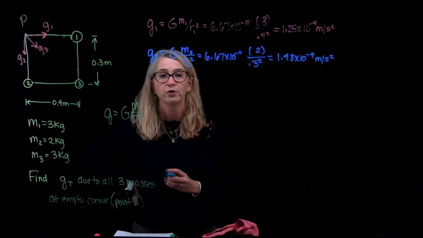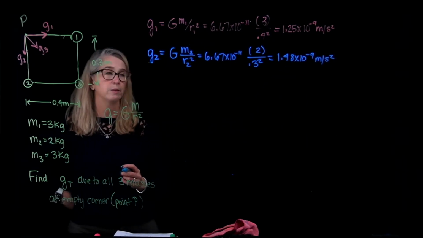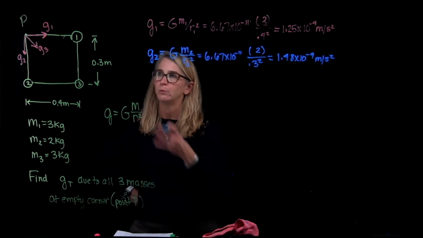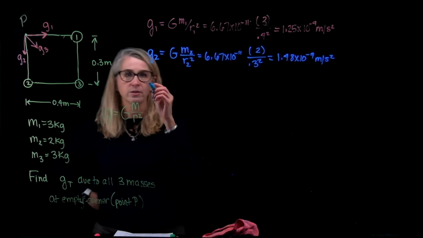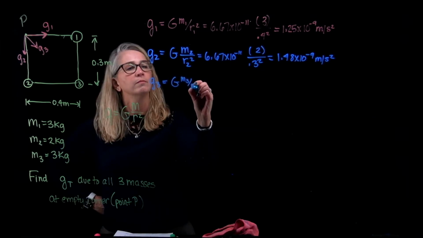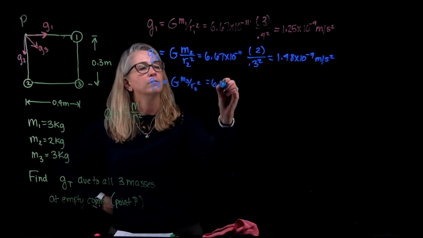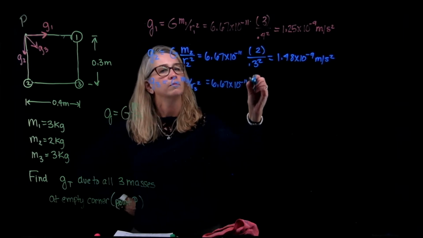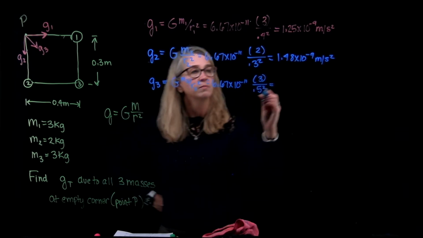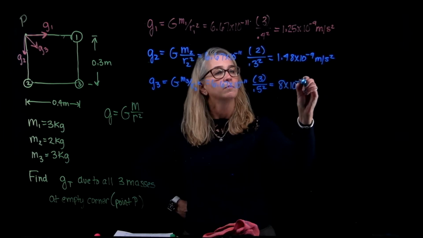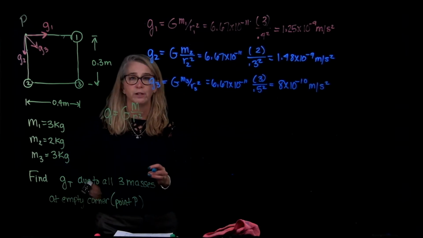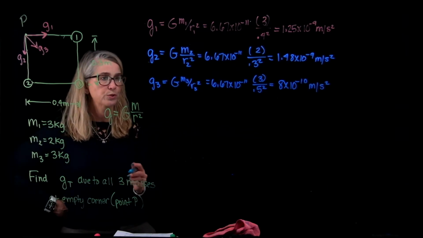And we find that the gravitational field due to mass 2 is 1.48 times 10 to the minus 9. Again, these numbers are super small because gravity is very weak, and we have small masses and small distances. And finally, I found G3, which was 8 times 10 to the minus 10 meters per second squared.